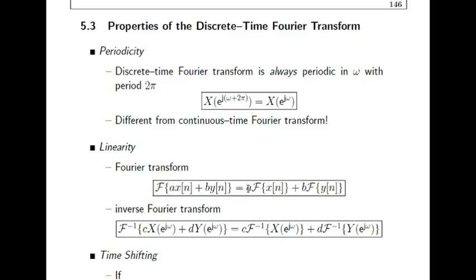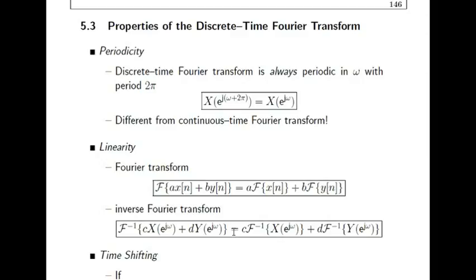This is also applicable in the case of the inverse Fourier transform, as you can see here: if we take the whole expression c X of e to the power j omega plus d Y of e to the power j omega and its inverse Fourier transform, then it will be c times the inverse Fourier transform of X of e to the power j omega plus d times the inverse Fourier transform of Y of e to the power j omega.